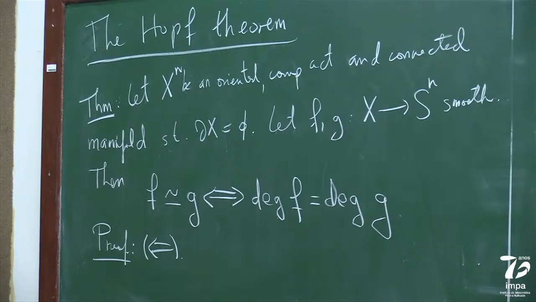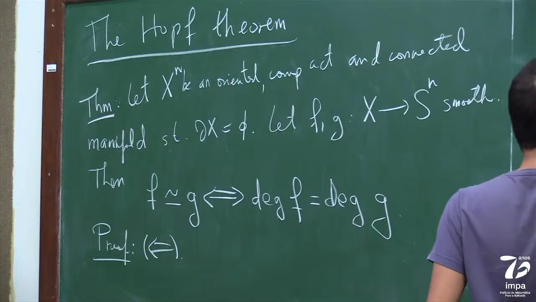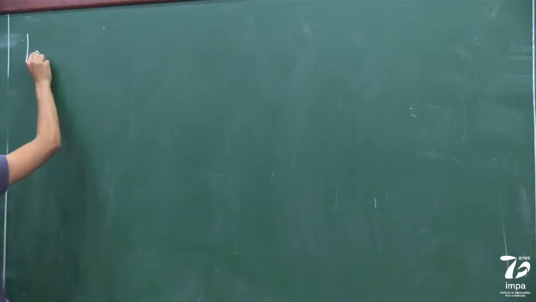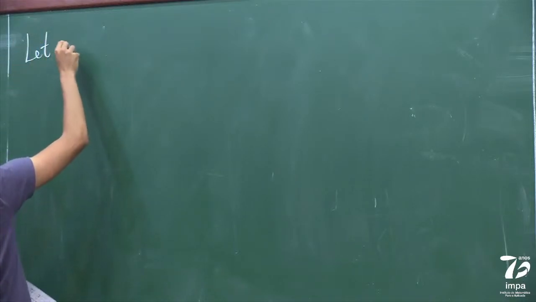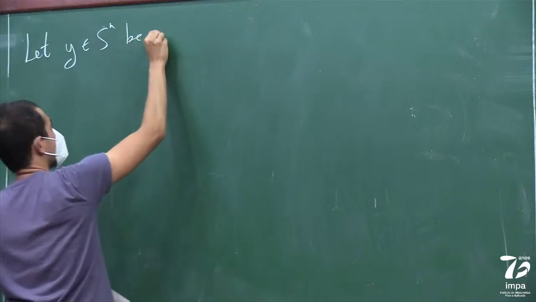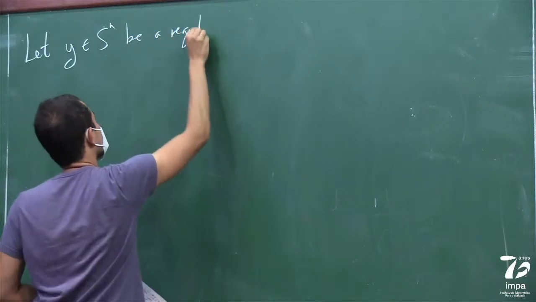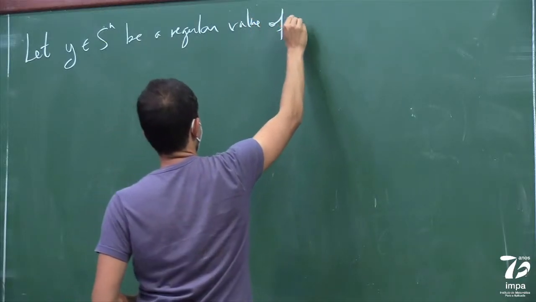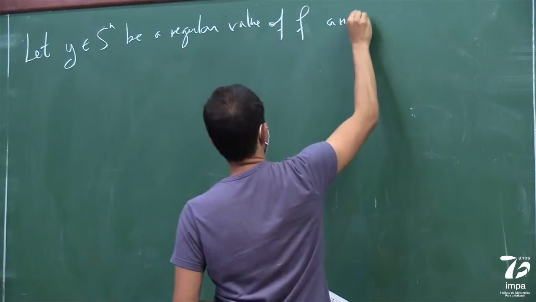And of course, you can choose a regular value for both functions at the same time. So we're going to let y in S^n be a regular value of f and g.